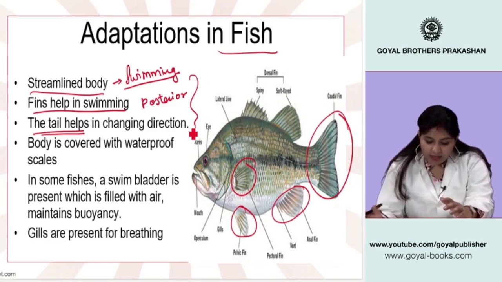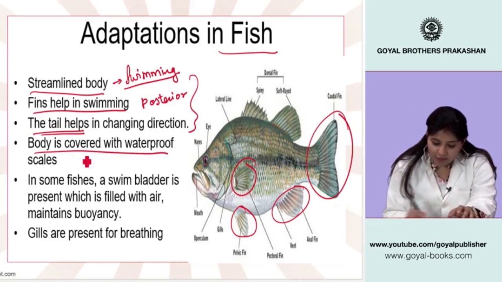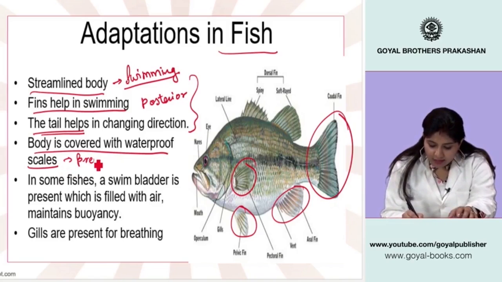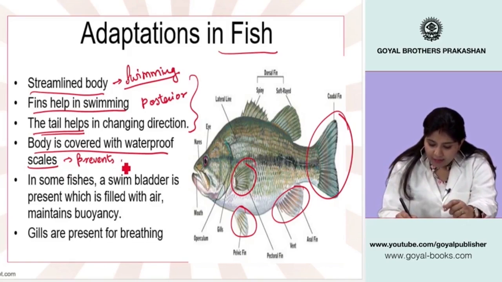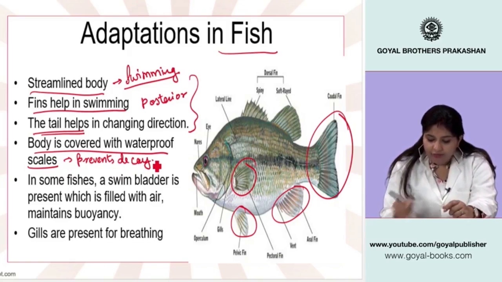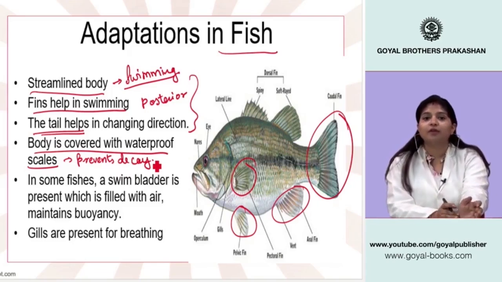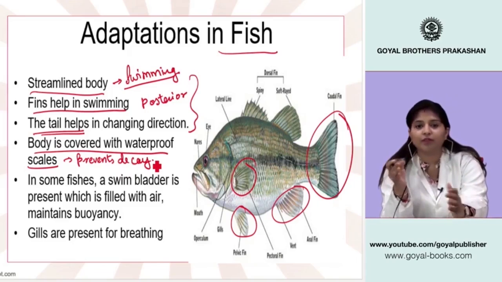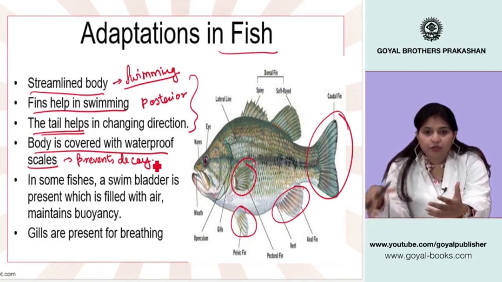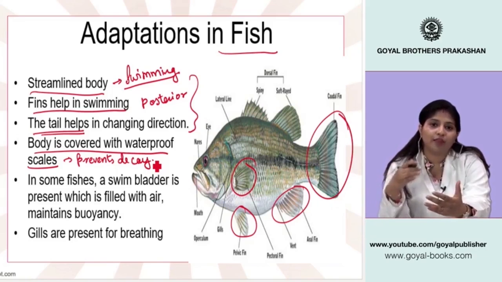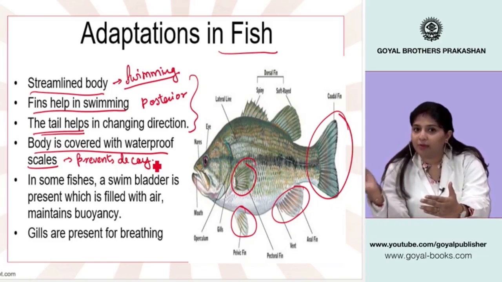Then usually their body is covered by waterproof scales and this prevents the decay that can happen because of the water, right? You have seen in plants the adaptation was that the plant body was covered with the waxy coating to avoid the decay of the plant body. Similarly, the fish is covered by waterproof scales which avoid decay in the animal body.